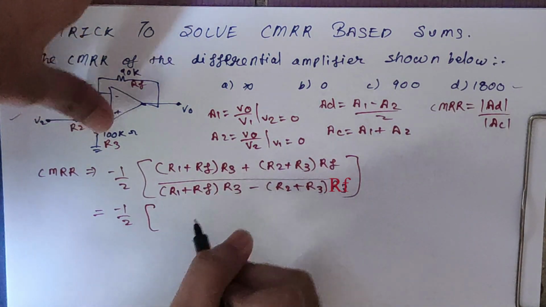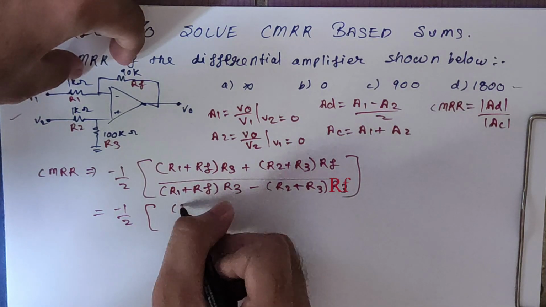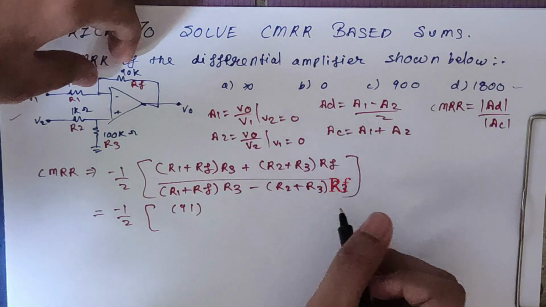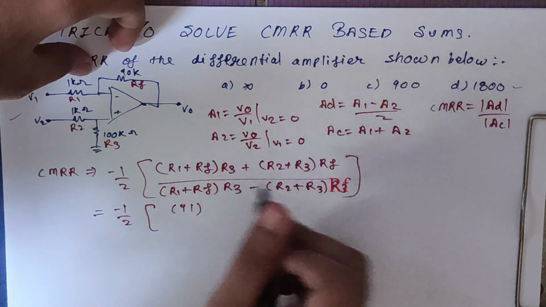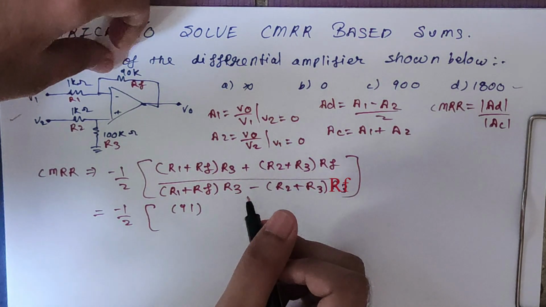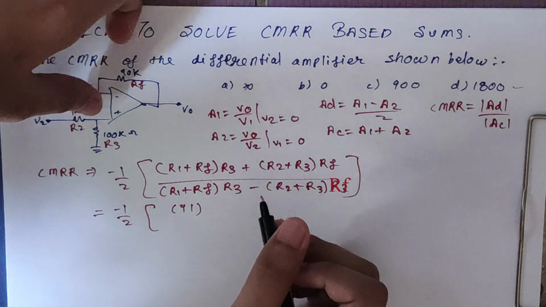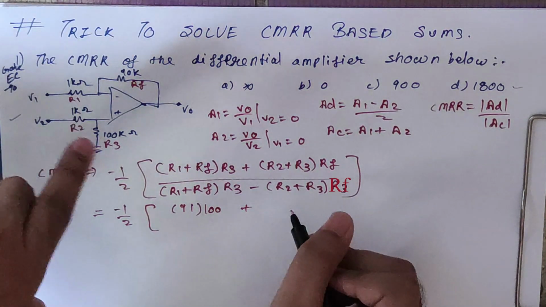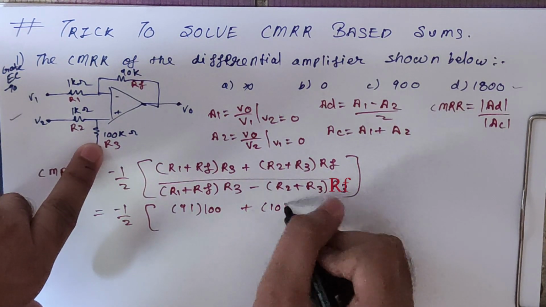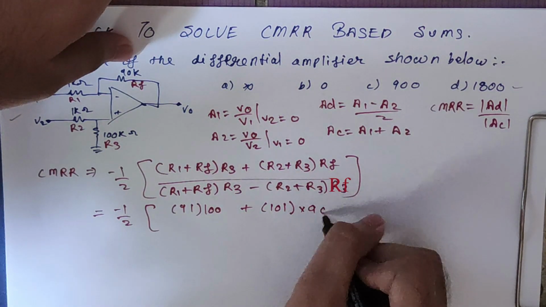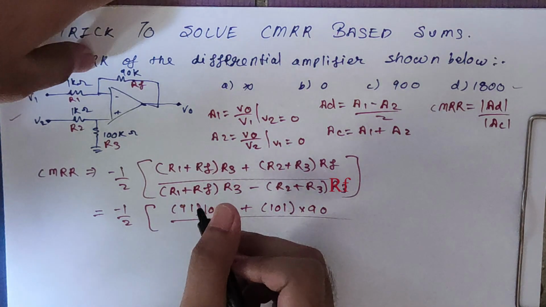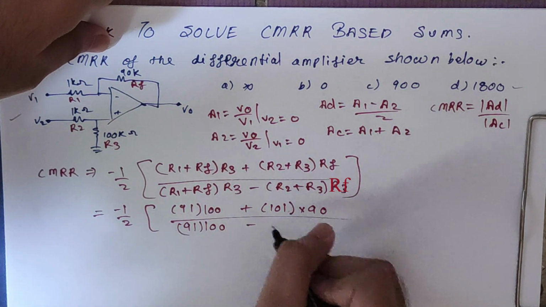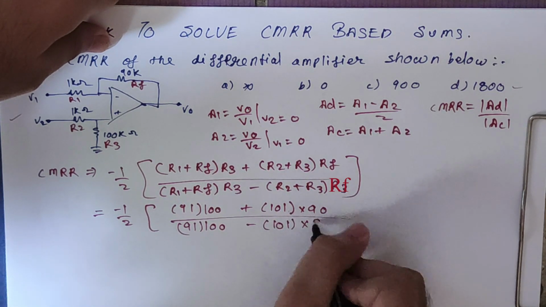What we get is R1 plus RF, basically 91. I'm not writing k because the k will cancel out between numerator and denominator, since we have the same resistors in the numerator and in the denominator. Now R3 is 100, and R2 plus R3 is basically 101 into RF, and RF is 90, upon R1 plus RF, the same thing, 91 into 100, just with a subtraction sign in between, 101 into 90.